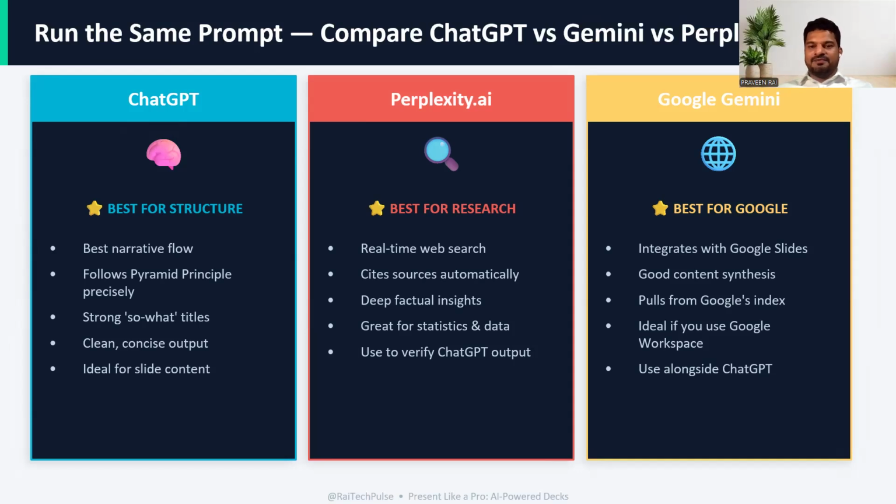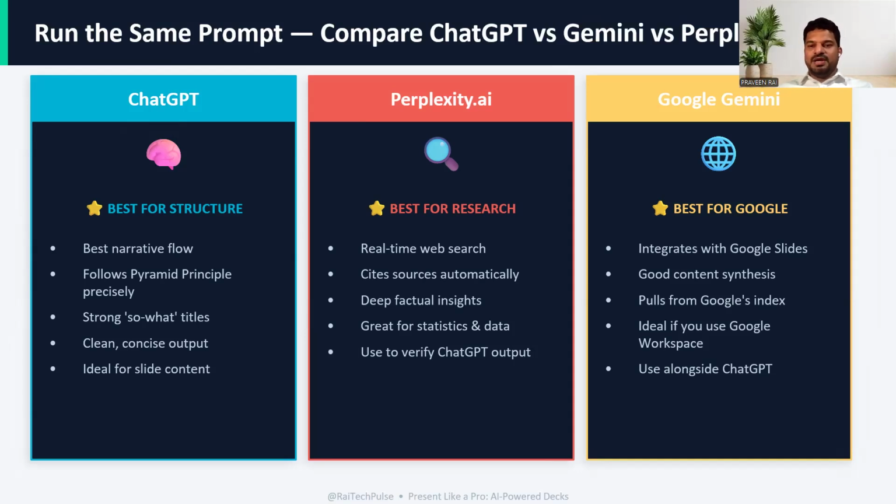Unlike ChatGPT, Perplexity searches the live web and cites the sources automatically. If you need statistics, studies, or recent market data, run your prompt through Perplexity.ai first, then use those facts to enrich your ChatGPT output. That is the reason we are using all these tools.